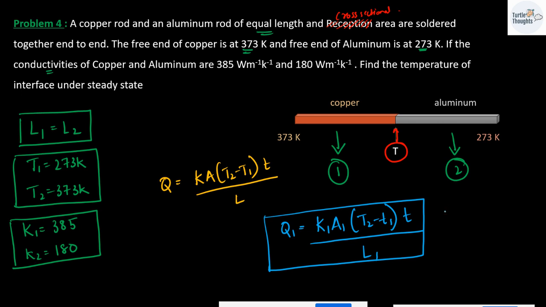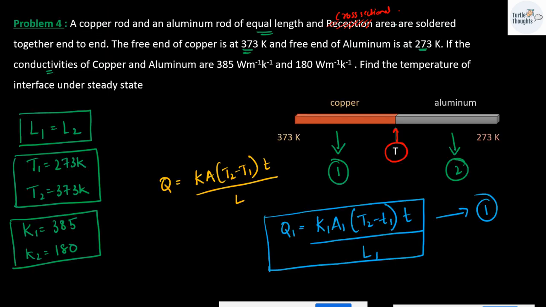Similarly, I can take Q2 also, which is going to be K2 A2 multiplied by T2 minus T1 multiplied by t divided by L2. Now, this can be taken as equation number 1. This can be taken as equation number 2.